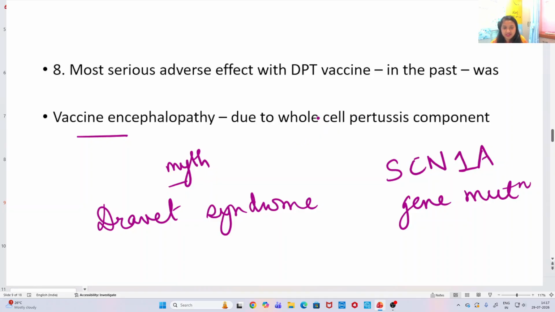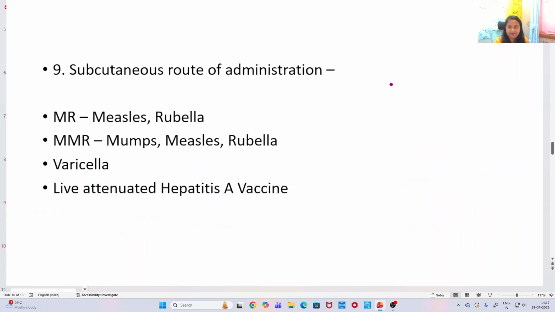This was also associated with the use of whole cell pertussis vaccine in the past, and this has drastically come down after the usage of acellular pertussis component. So this was there in the past and now it's no longer there.